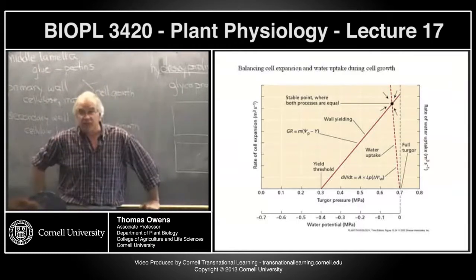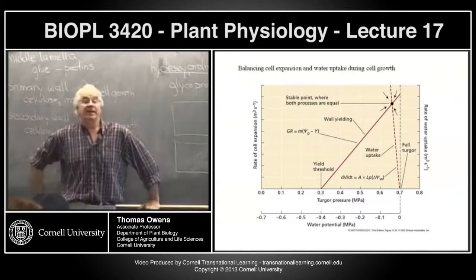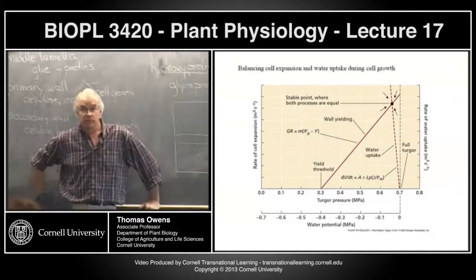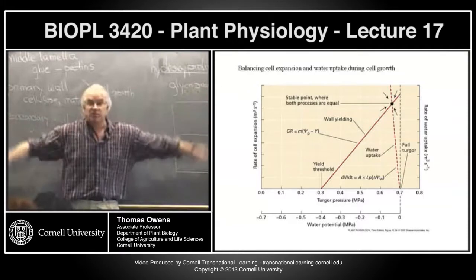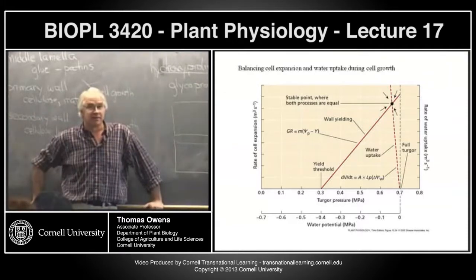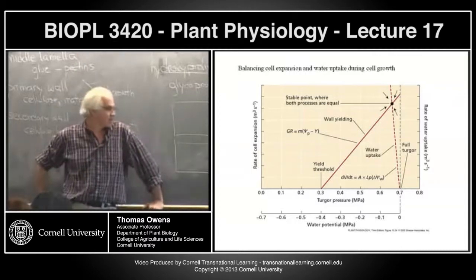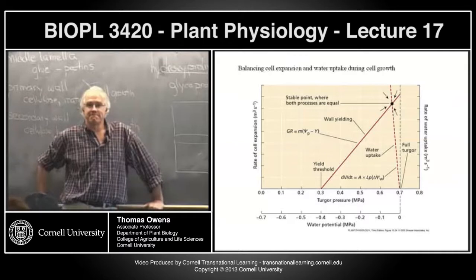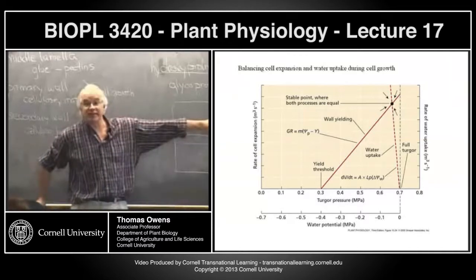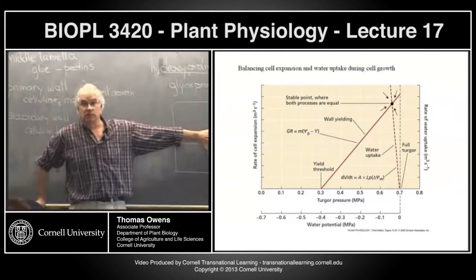Water can't come in faster than the cell expands, and it can't come in slower, because the cytoplasm is mostly water, right? Does that make sense? Yeah. So there's lots of reasons that neither one of these can work, right?